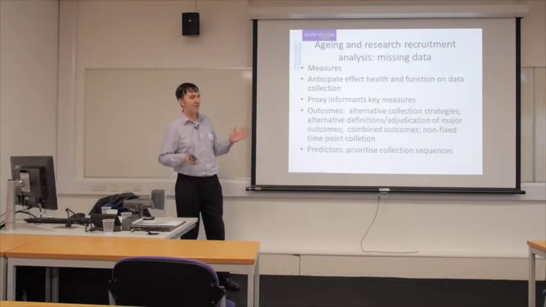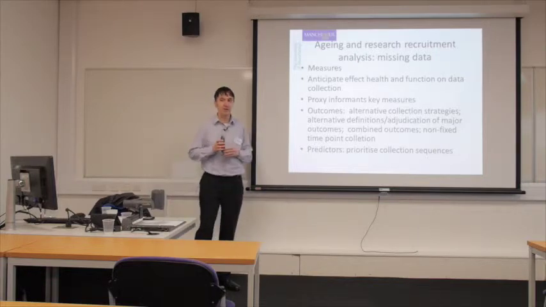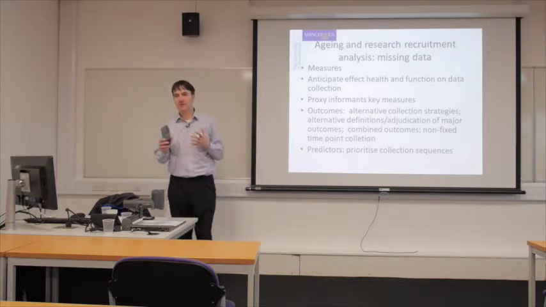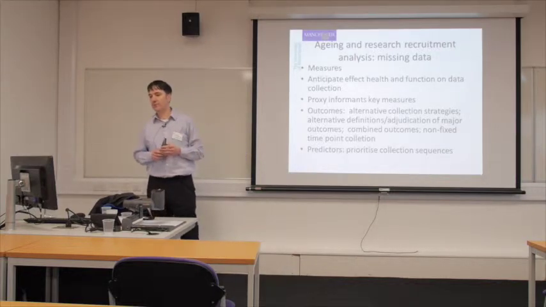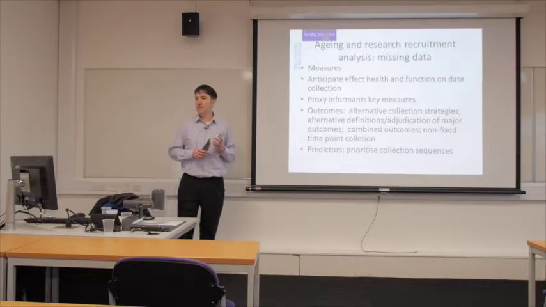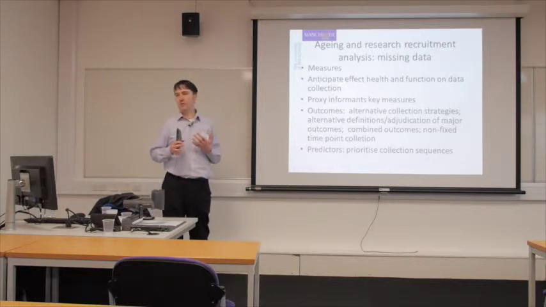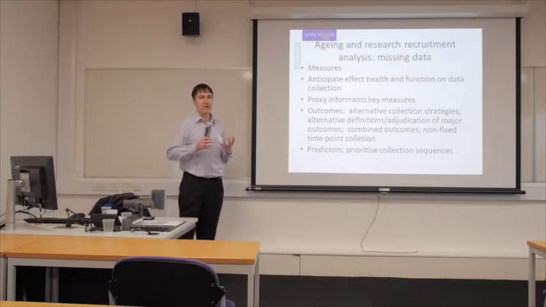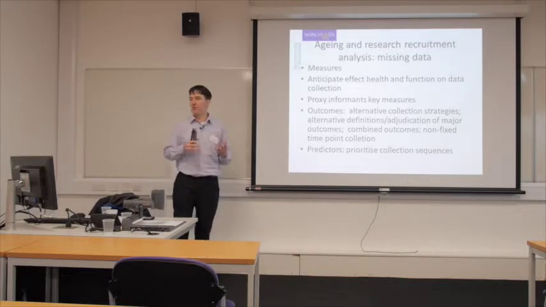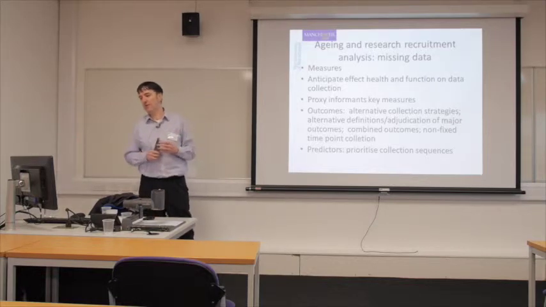And of course in aging research there's a lot of places where we use proxy informants because individuals can become impossible to actually have contact with. So you could also look at, can you change the way that you're going to measure outcomes, sort of adjudication or definition of outcomes?